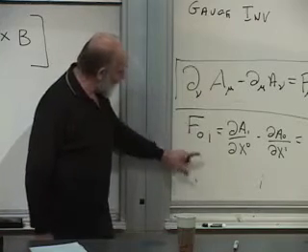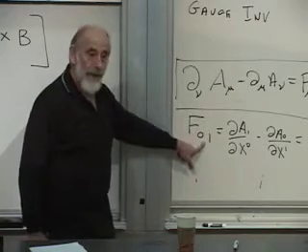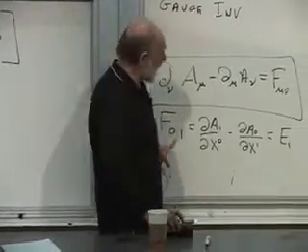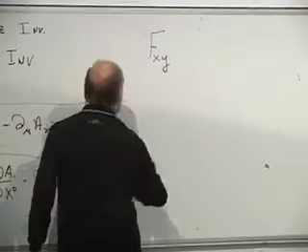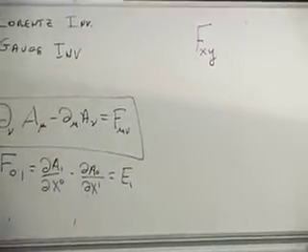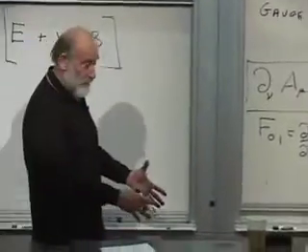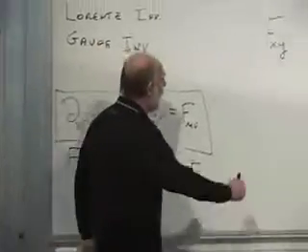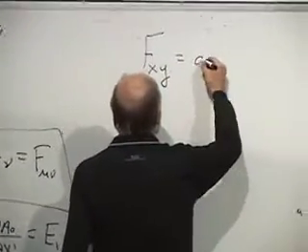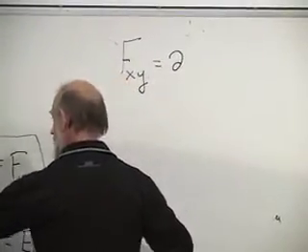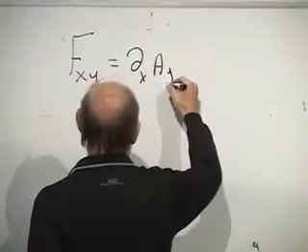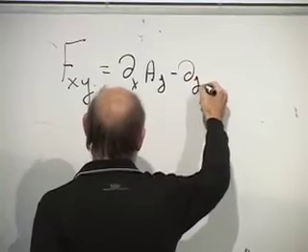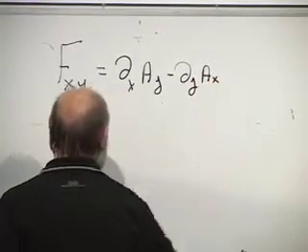So the other 3 components involve pairs of space indices. For example, Fxy, and I'm now using x for 1 and y for 2, just to be specific. Fxy is equal to the derivative with respect to x of Ay minus the derivative with respect to y of Ax.